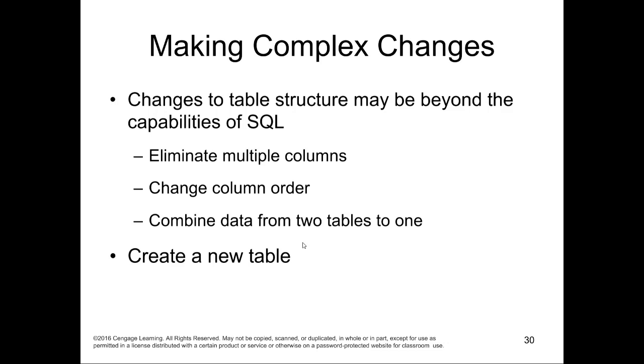So a lot of times, especially if the data from the two tables have different columns, if it's two sets of columns, then it's almost impossible. For all of these, plus anywhere you have those complex pieces, you're just going to have to create a new table with all of your new sets of data, and then copy the data as needed into this new table, and re-link any of your relationships, and so forth.